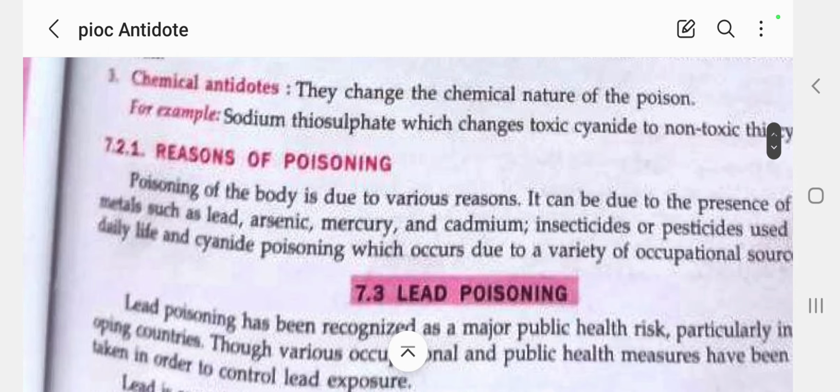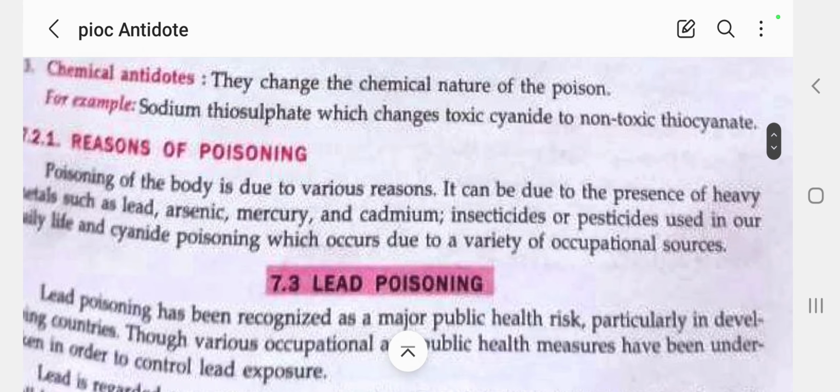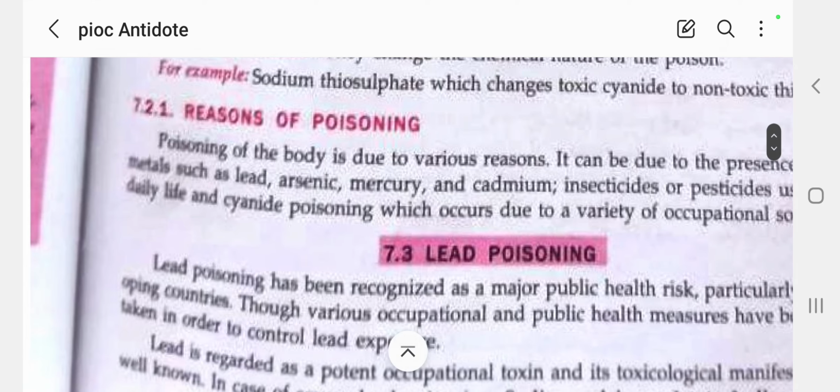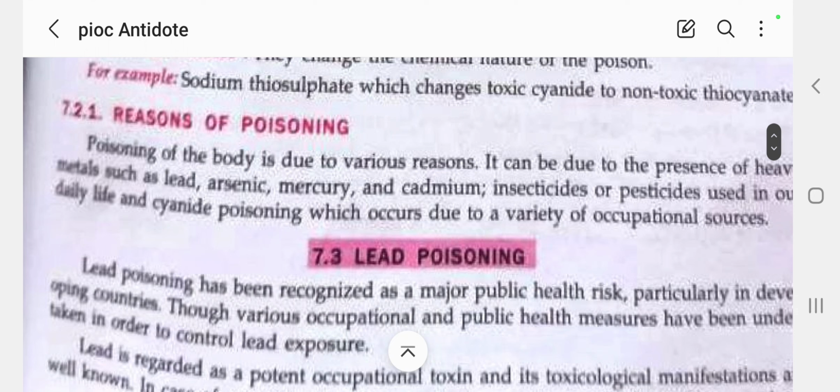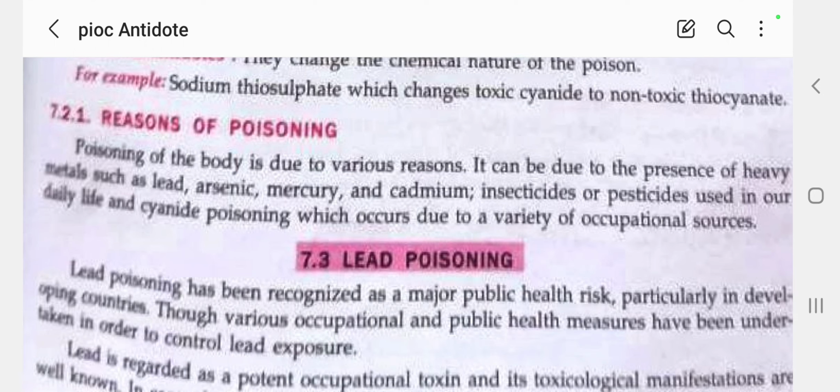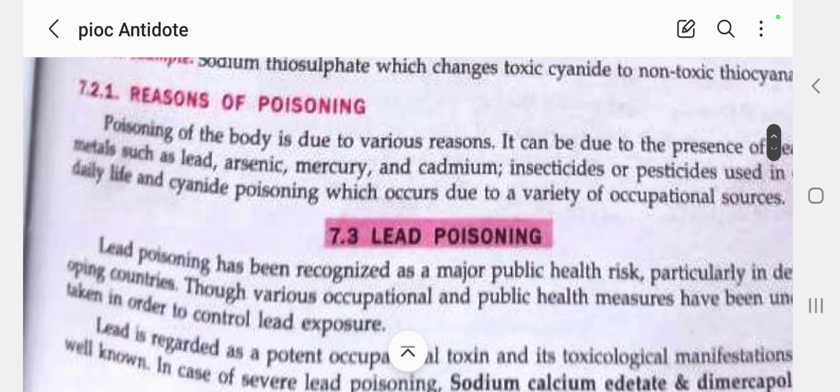Next we'll see the reasons for poisoning. Poisoning of the body is due to various reasons. It can be due to the presence of heavy metals such as lead, arsenic, mercury and cadmium, insecticides or pesticides used in our daily life, and cyanide poisoning, which occurs due to a variety of occupational sources.